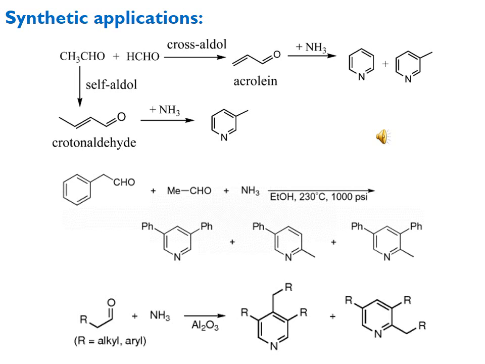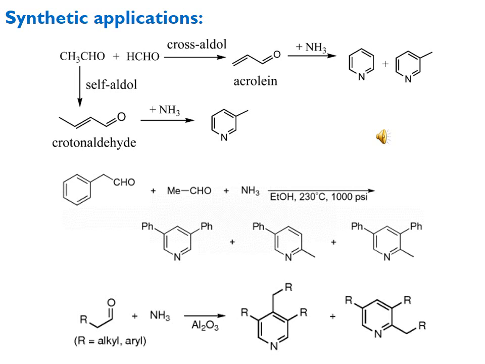First, you can see the use of acetaldehyde and formaldehyde. This can give the cross aldol product acrolein, or the self aldol product crotonaldehyde, which interacts with ammonia forming different products. So a number of products have been achieved.